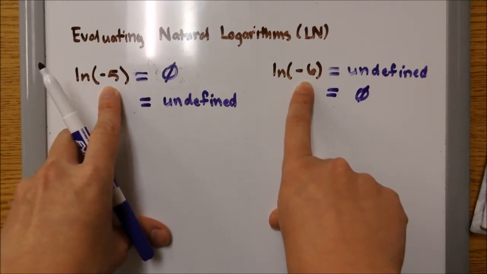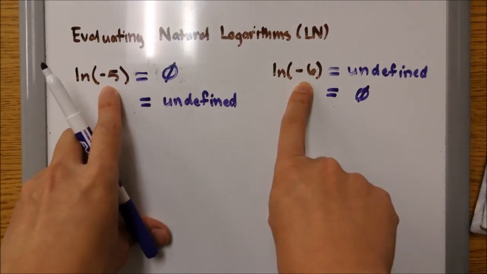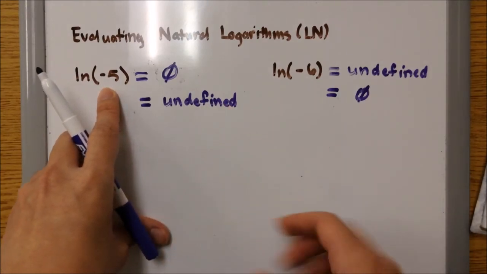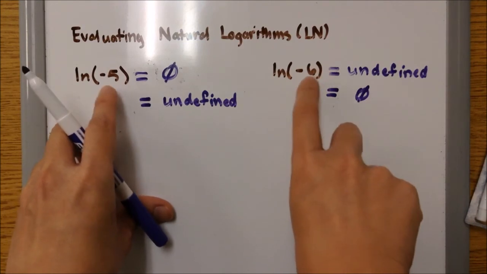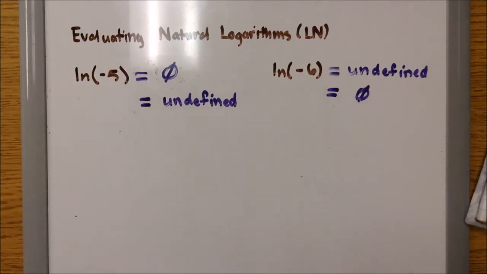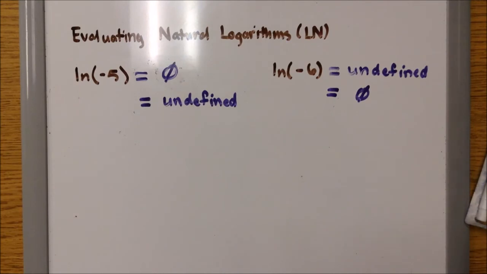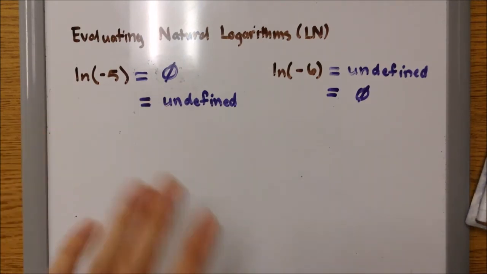But if it has a variable, say -6x or -5 plus x, then you can keep working with that and find out what x is. If whatever x is makes the number inside positive, then yes, you can work with that. But if x makes it negative, then it's automatically undefined. So again, with logs and natural logarithms, if it's just a negative number, it's always going to be undefined.